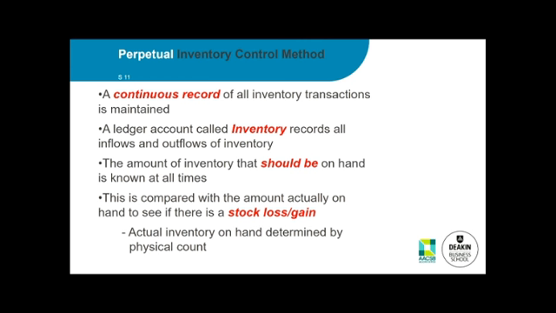So let's say you had opening inventory of $10,000. You purchased an additional $10,000 of inventory during the period, so $20,000, and during the period you sold $15,000 worth of inventory. So you know that you should have $5,000 worth of inventory. So you go into your warehouse and you count your inventory.